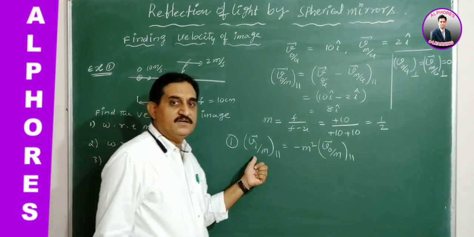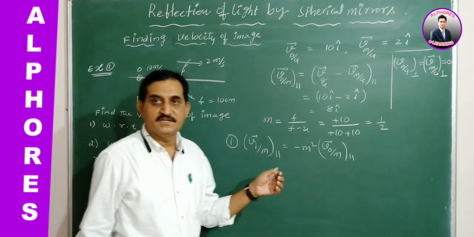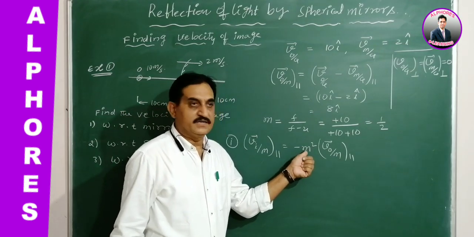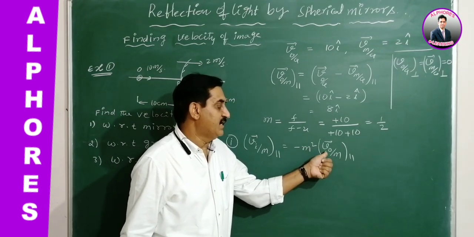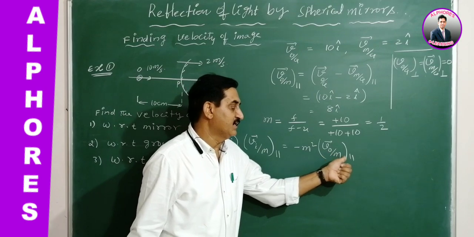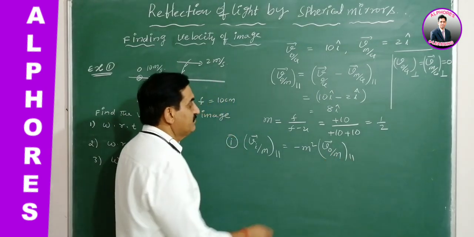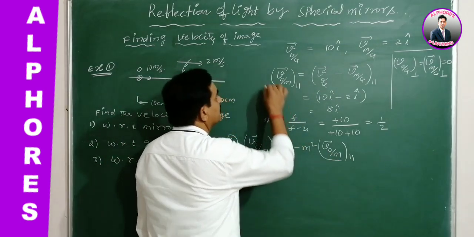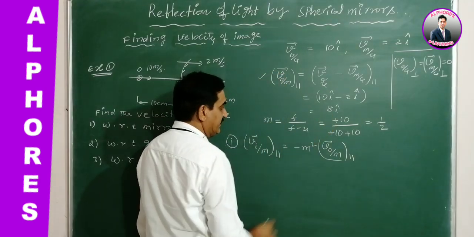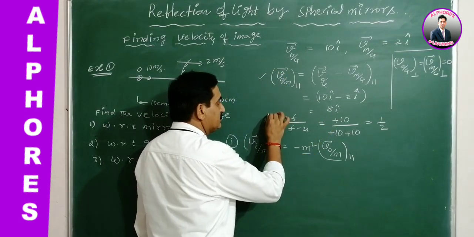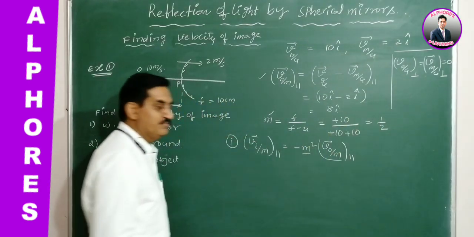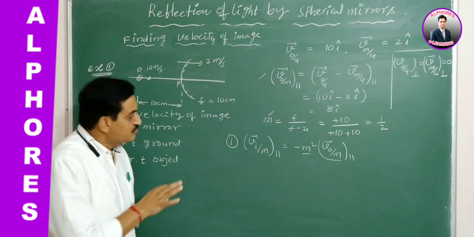So in this fundamental formula, what quantities are reflected? m, the magnification, and the velocity of object with respect to mirror along the principal axis. That is the quantity we need, so we developed it: 8i. And this quantity we need, so we developed it: 1 by 2. For that purpose we are doing so.